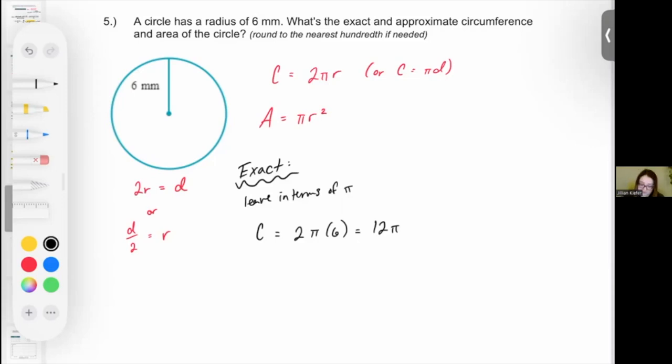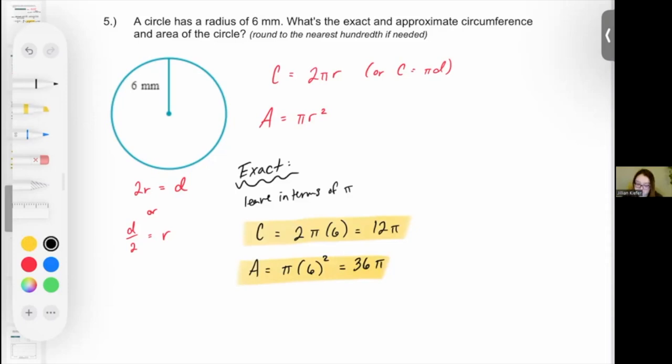Now we can find, that was the circumference. Now we'll find the area. So the area we said was pi times a radius squared, which will be 6 squared. 6 squared is 36 times pi. So our exact circumference would be 12 pi, and our exact area would be 36 pi.